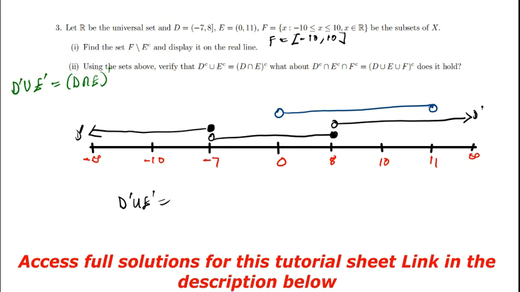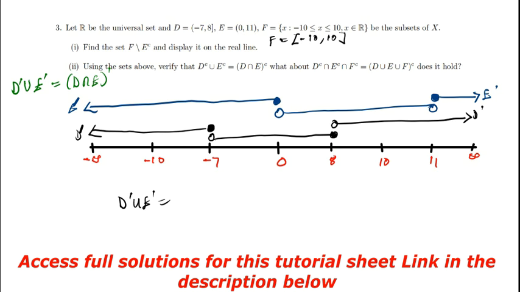So E complement is going to be closed at 11 all the way to positive infinity, and also closed at 0, 0 is included in E complement, all the way to negative infinity. So now we have E complement as well as D complement. The question here is saying find D complement union E complement.